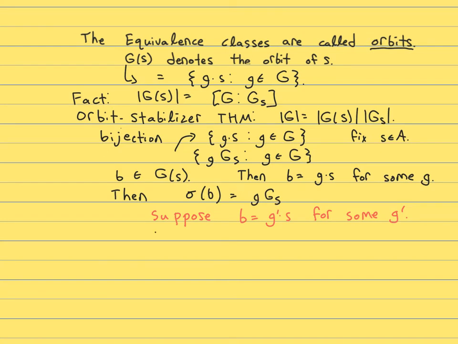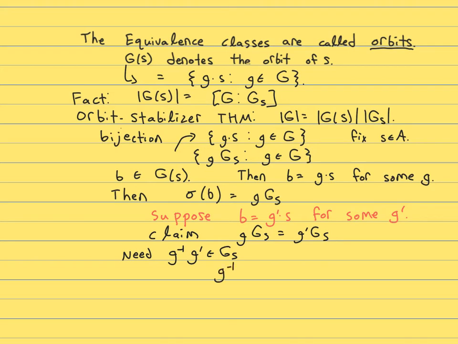So what we want to claim is that G GS is equal to G prime GS. Well, how do we do that? Well, then we just need to show that G inverse G prime is in GS. In other words, that G inverse G prime is a stabilizer of S. Well, how do we do that?